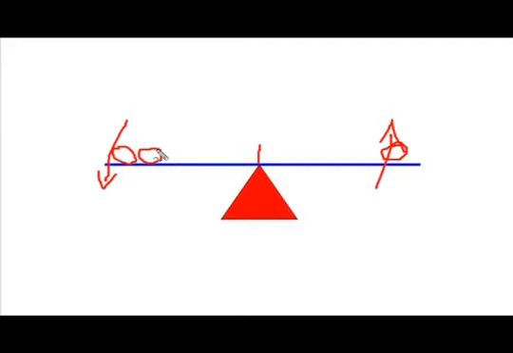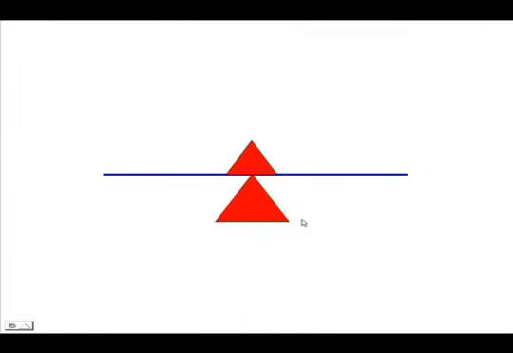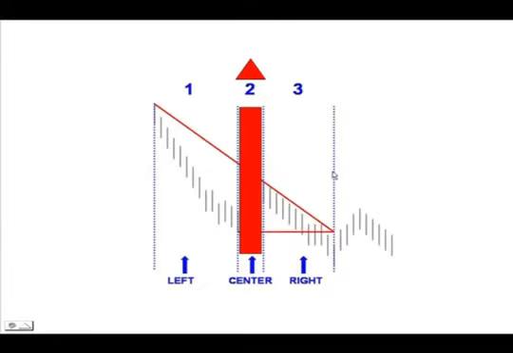Let's see an example. Let's consider the possibility of a gap in the center of our triangle. If we go to the principle of our seesaw, if we place the weight right in the center of that seesaw, well, it's just going to maintain the balance of the seesaw. This principle applies in regard to our triangle.